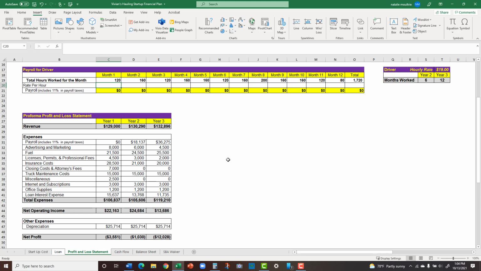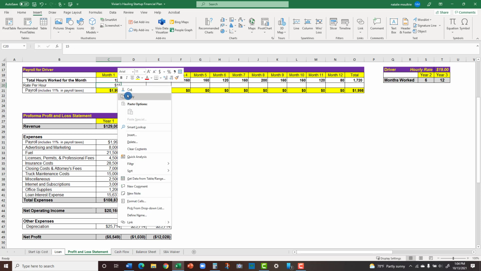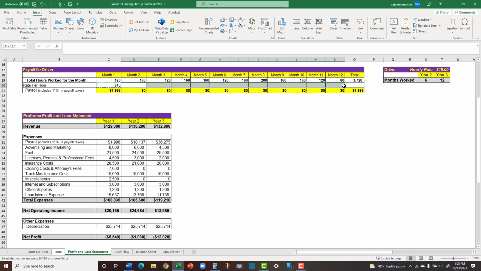Let's say you hire a driver the first year and you wanted to pay them $15 an hour. This spreadsheet is interactive. You can copy that all the way across. And now your payroll is only $28,000 instead of the $36,000.